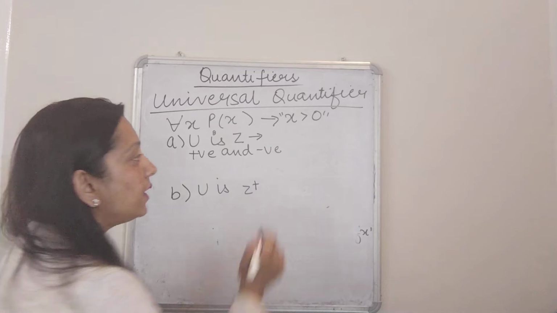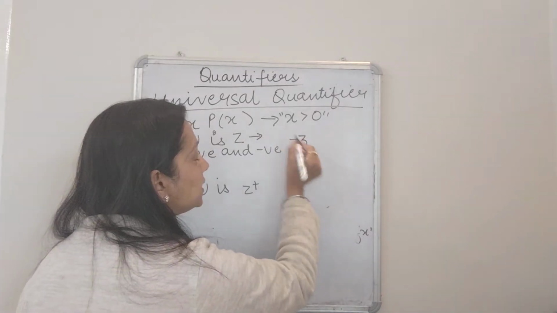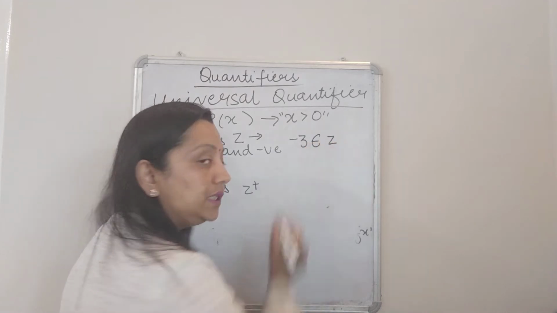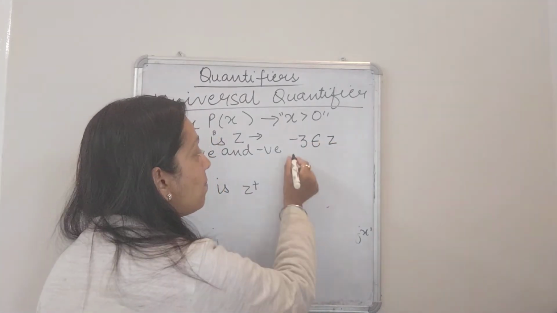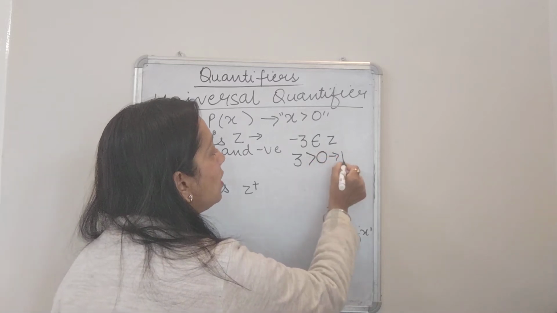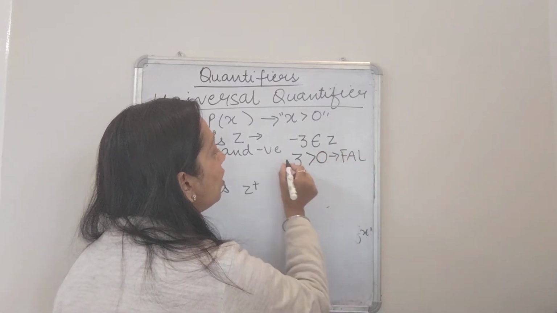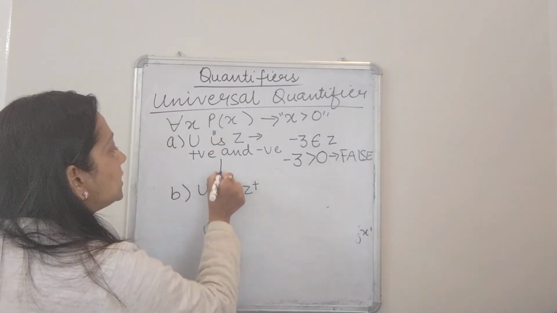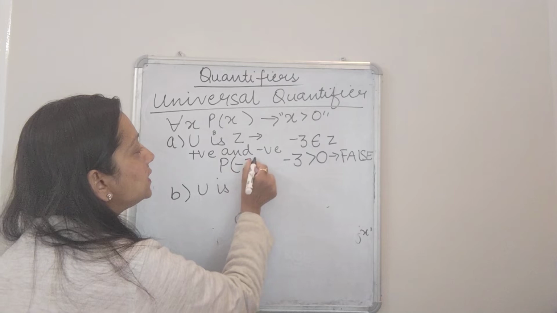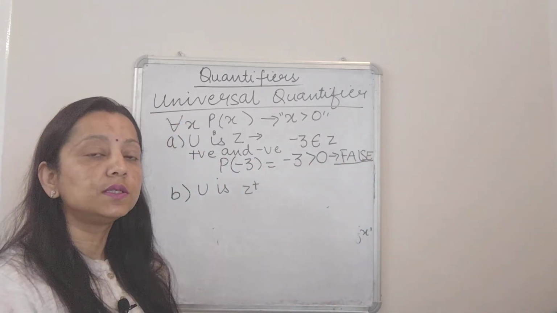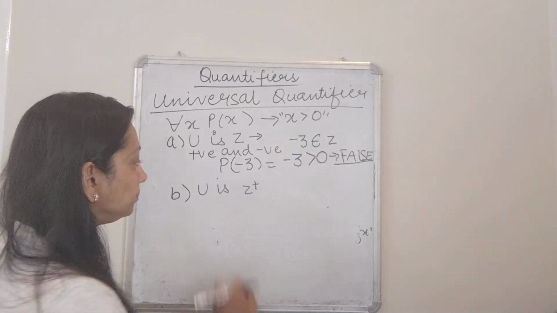So if I take a negative number, minus 3, which belongs to integers, is minus 3 greater than 0? No. Minus 3 is not greater than 0. So the truth value of p of minus 3 is false. That means this is not a proposition.